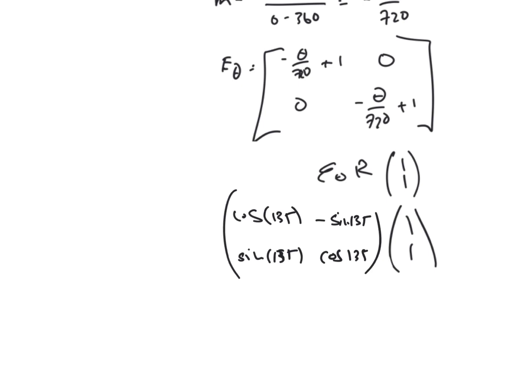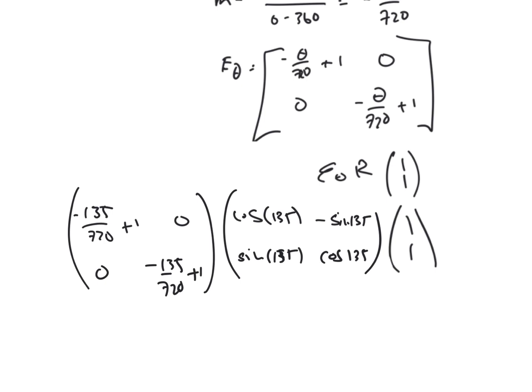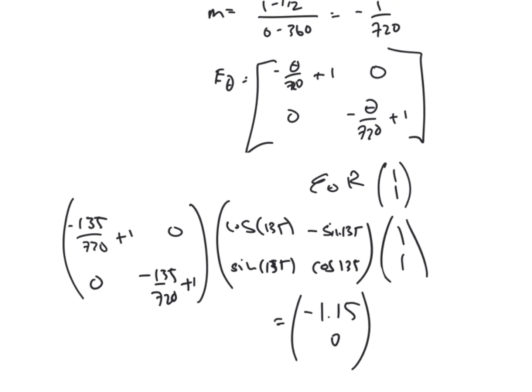And then the enlargement is going to be this particular matrix, but it's going to be 135 over 720 plus 1, 0, 0, and a minus 135 over 720 plus 1. When I multiply that all out with care, I get negative 1.15, comma 0 is where that one ends up.